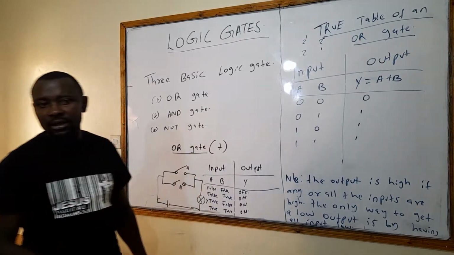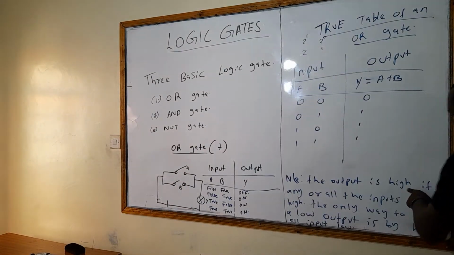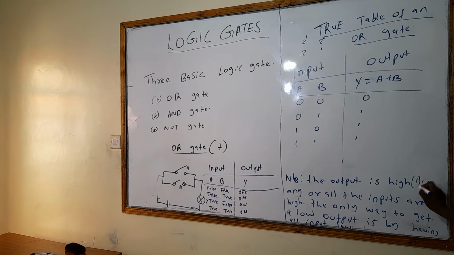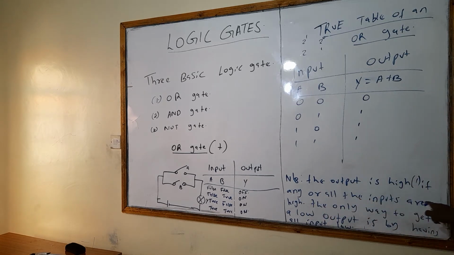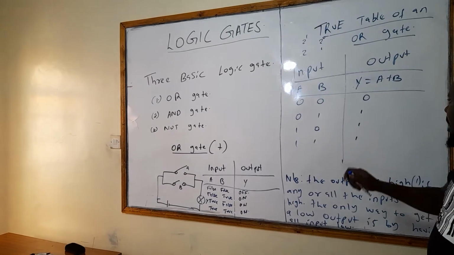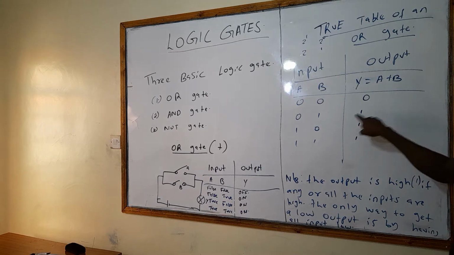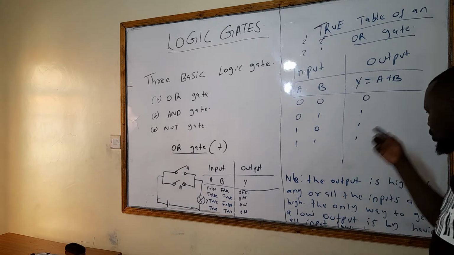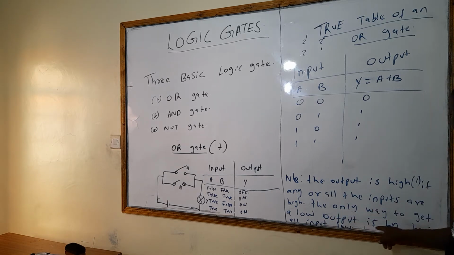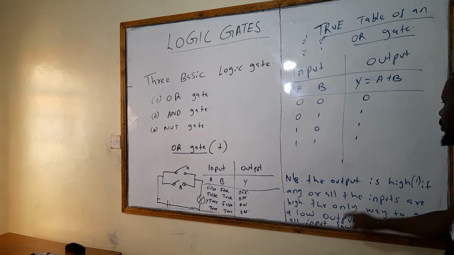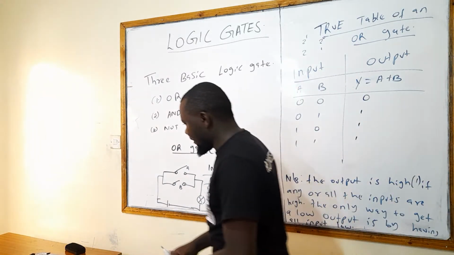We say that the output is high, and high means 1, if any or all of the inputs are high. That's why if we have any as 1, the result will be 1. If any is 1 or all is 1. But the only way to get a low output is by having all inputs low. For example, 0 0. Very good.